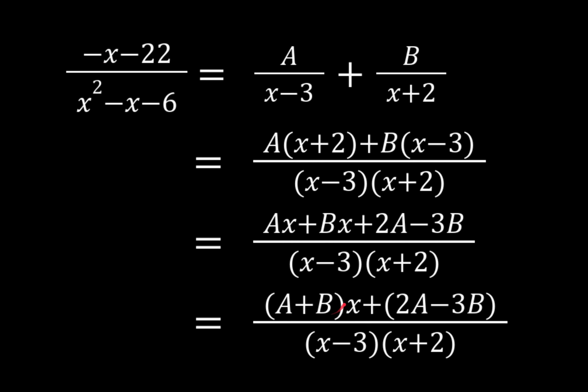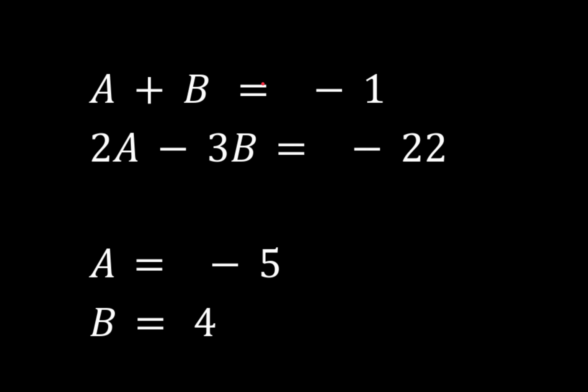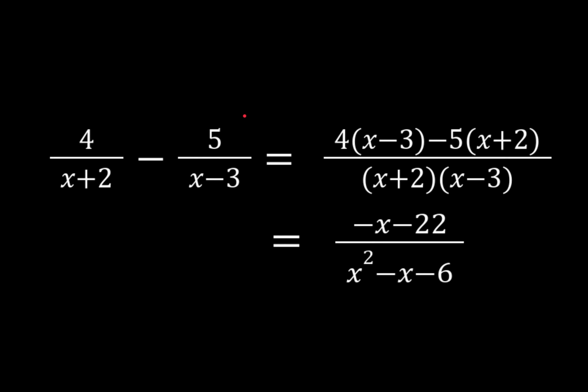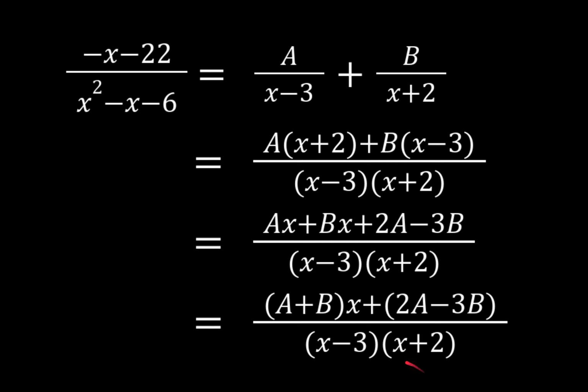And because we want to find a specific a and b that gives us -1, as of right now, we have two unknowns, only one equation. Where does the second equation come from? It comes from trying to solve for the second section, which is 2a minus 3b. That has to equal -22, because that is the only thing that is doing stuff related to x to the power of 0.